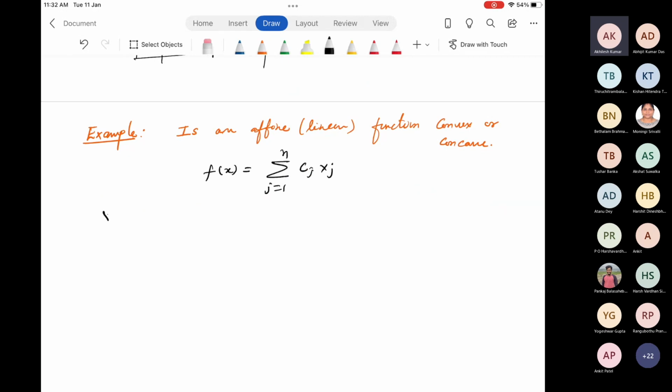So let me define x as lambda y plus 1 minus lambda z. Let me find some 2 points which belong to the set, and then you need to see that f of lambda y plus 1 minus lambda z is less than or equal to the convex combination of the functional values. So try this and show what happens. Show me what you will get.